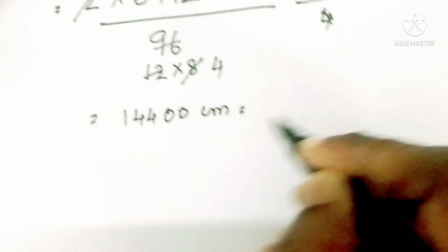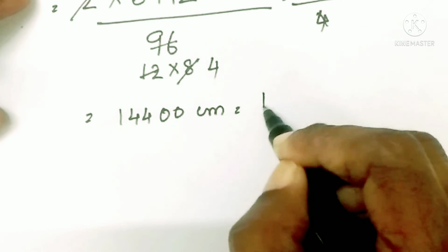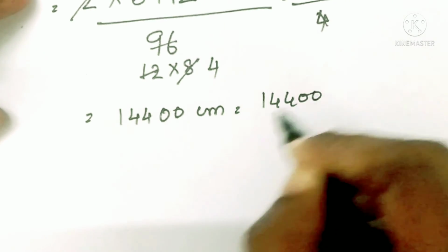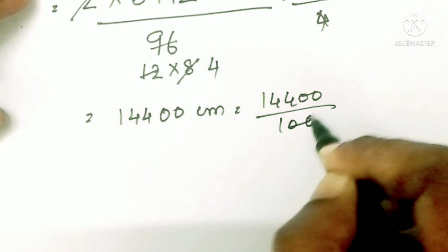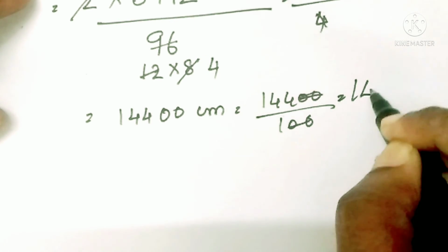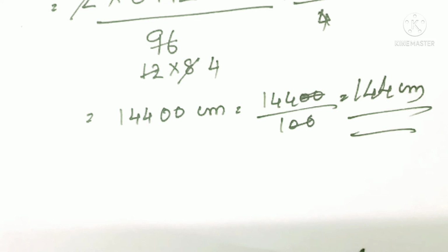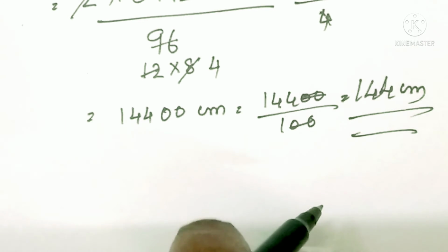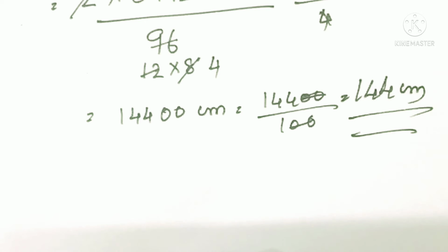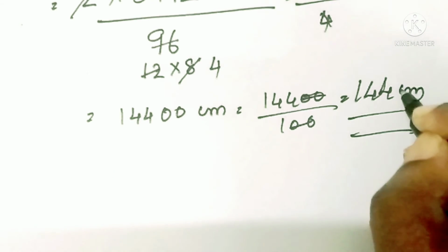So when you convert it into meters, you get 14400 upon 100, that is 144. So the length of the tarpaulin needed to cover those 100 suitcases completely is 144 meters.